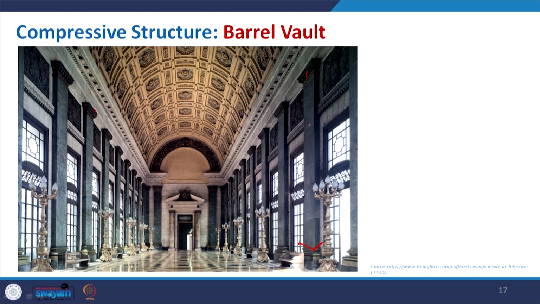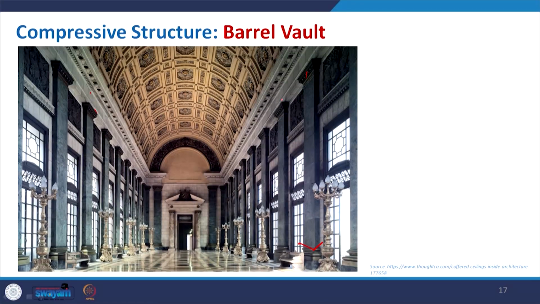Now, the advantage of creating this is that you can create some span, and definitely this is one of the vault types that we discussed, the barrel vault, but there are other kinds of vaults where you can use multiple such barrel vaults to form a different kind of vault. We will also have a discussion on the vault section. One particular lecture will be on that aspect.